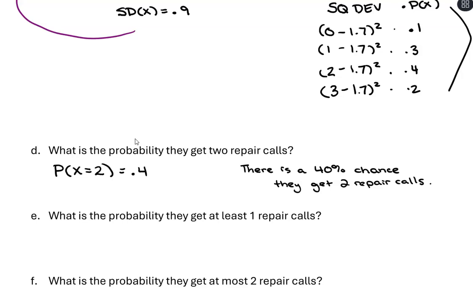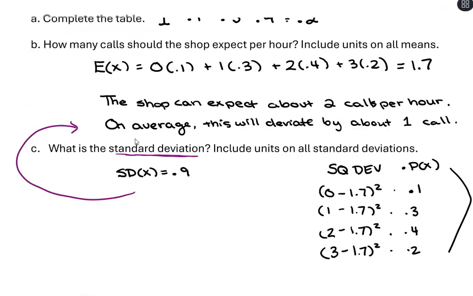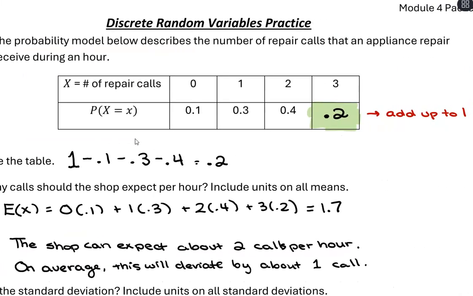What is the probability they get at least 1 repair call? So at least 1 is the same as more than or equal to. So my notation would go x more than or equal to 1. So 1's the very least value, and we want to add up everything equal to 1 and above. And just looking at the table, what I would be thinking is, okay, 1 is the least, so I want everything to the right as well.